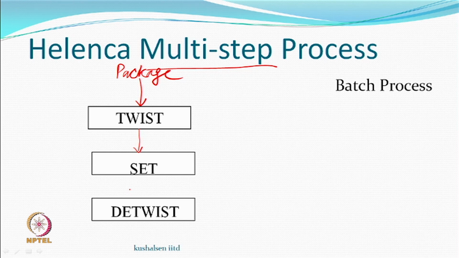If it is a thermoplastic material, then maybe you will do the heat setting. And this heat setting, obviously from one package you have come to another package which is also twisted and has been subjected to some treatment like this. And after that the same package is taken to another machine for detwisting, and then after detwisting what you get is a textured yarn.